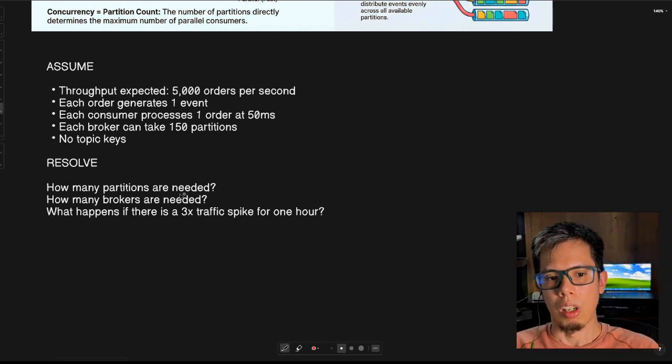Okay, the first question, how many partitions are needed in these systems? When we are talking about a partition, it's like a parallelism job, right? So in this case, maybe the question is, how many parallelism jobs do you need to consume 5,000 orders per second? That means that there will be multiple jobs that it will be necessary to run in parallel to consume these orders in a single second.